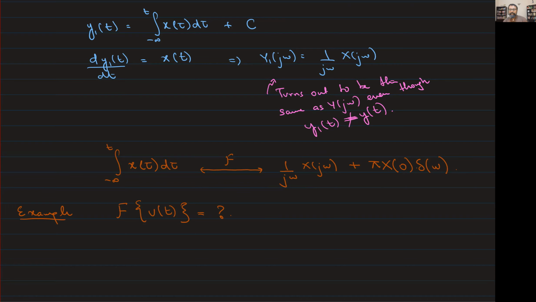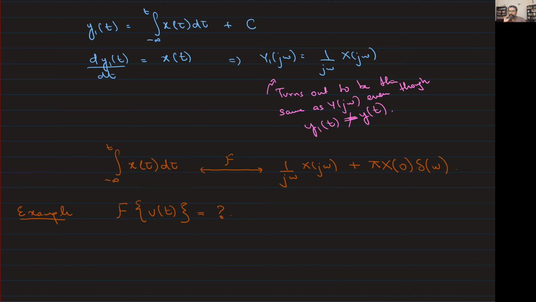But perhaps there's something we can do using some deltas to be able to specify this, and it turns out yes, you can. The next question is, how can I use the integration property? There are other methods of finding the Fourier transform for this in terms of the delta function, but how can I use the integration property to find what I'm looking for? Any ideas?